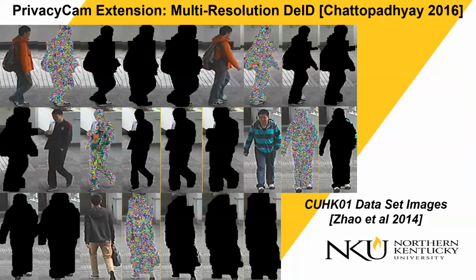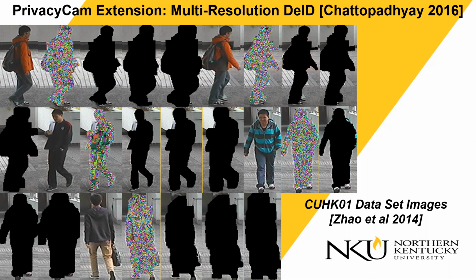So in order to further gather research results from our preliminary research in this regard, we've also looked into another de-identification model, which is a work of mine from 2016. This model is called Privacy Cam Extension. It's a modified version of the previous original Privacy Cam that I just discussed.